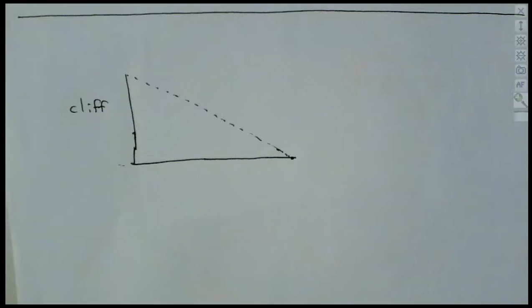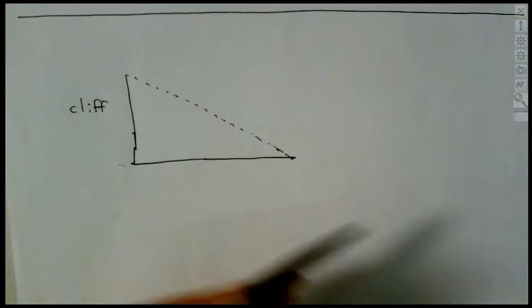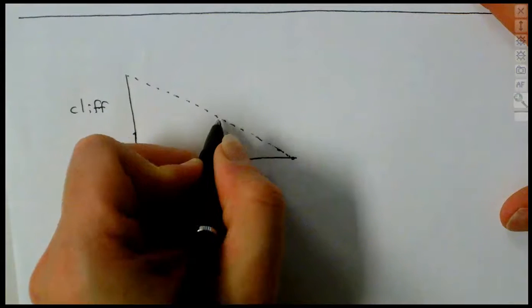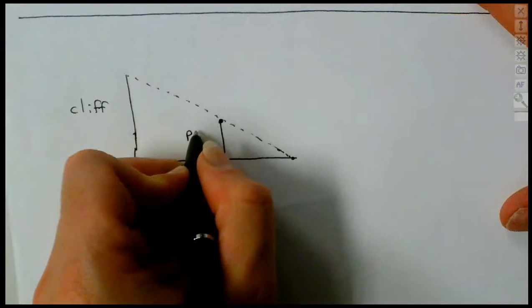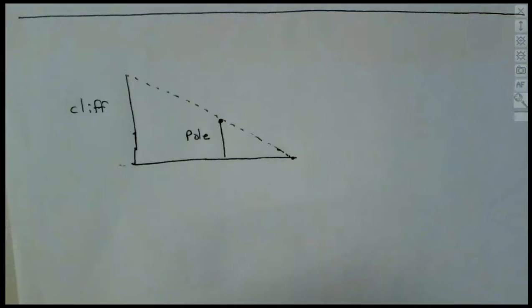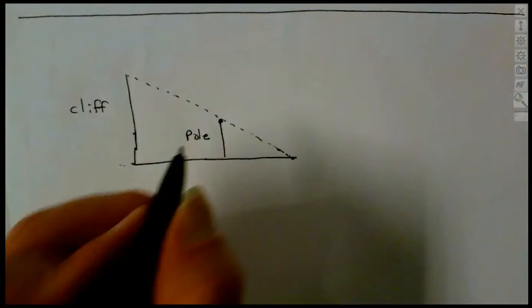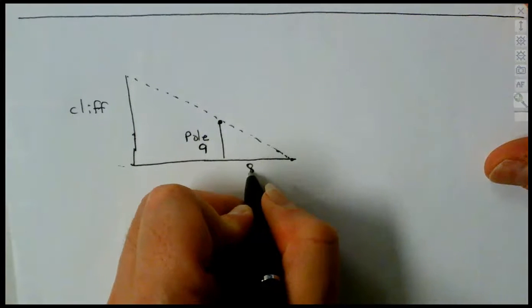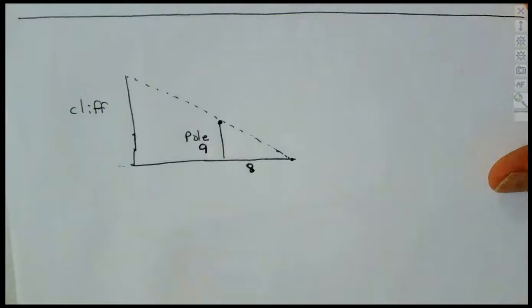Now, when we pass this rope down to the ground, on that angle, it's going to touch a flagpole. And that flagpole is right here. And that flagpole is 9 feet high. And its shadow is 8. So this is what we've got.